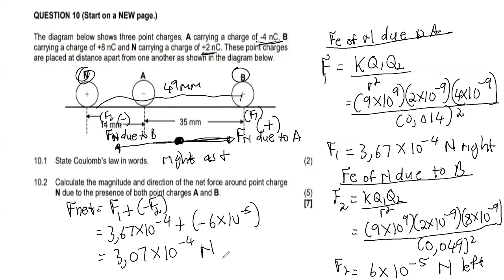To which direction? Because it's positive, that means it's to the right. So that's how you were supposed to calculate that for a total of 5 marks. And the whole question was just for 7 marks, right? So pay attention to how I went about answering that question. All the best.